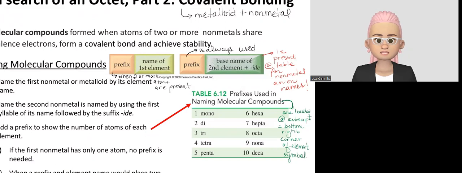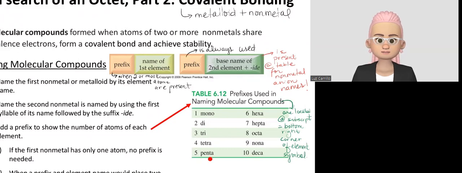But if you have a second nonmetal within your chemical formula and you only have one component or a subscript of 1, as you can see, the prefix that is utilized is mono. If you have a subscript of 2 in the first element or in the second one, you use the prefix of di. And as you can see, 3 is tri, 4 is tetra. From 5 to 10, they're all Greek prefixes.